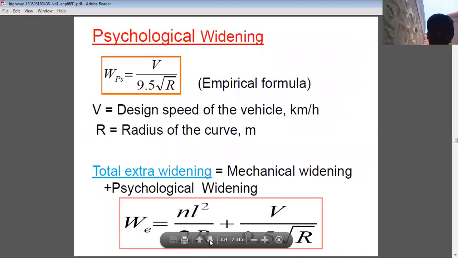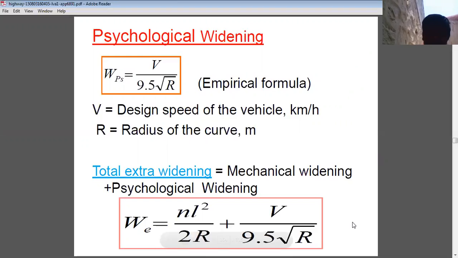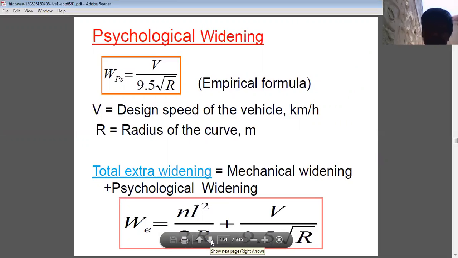Total extra widening is mechanical widening plus psychological widening: We equals n L square divided by 2R plus V divided by 9.5 root R. Here n is the number of lanes, L is the length of the vehicle, and R is the radius.